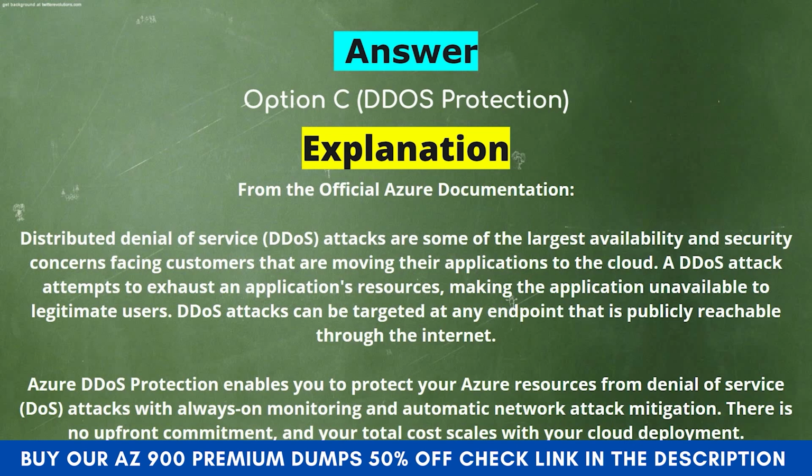DDoS attacks can be targeted at any endpoint that is publicly reachable through the internet. Azure DDoS protection enables you to protect your Azure resources from denial of service attacks with always-on monitoring and automatic network attack mitigation. There is no upfront commitment, and your total cost scales with your cloud deployment.